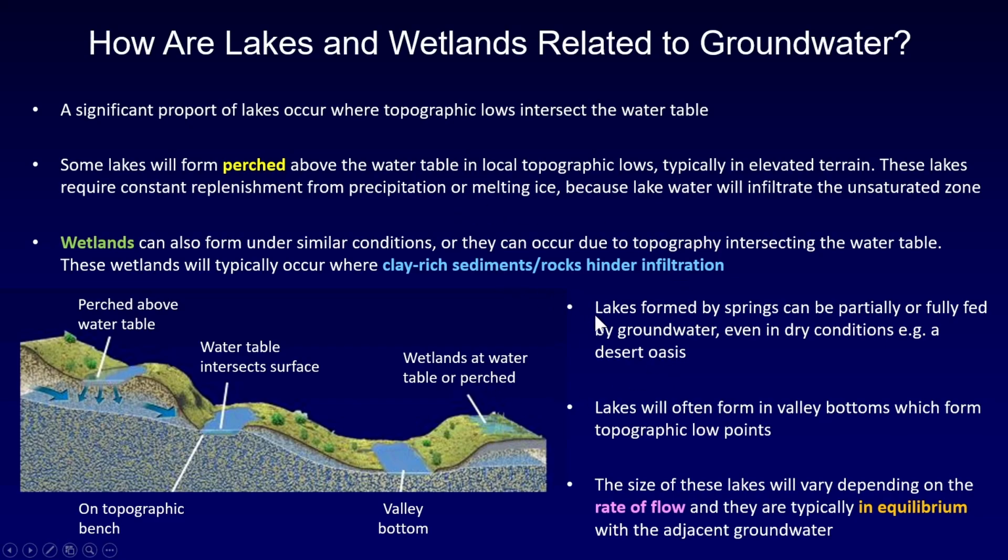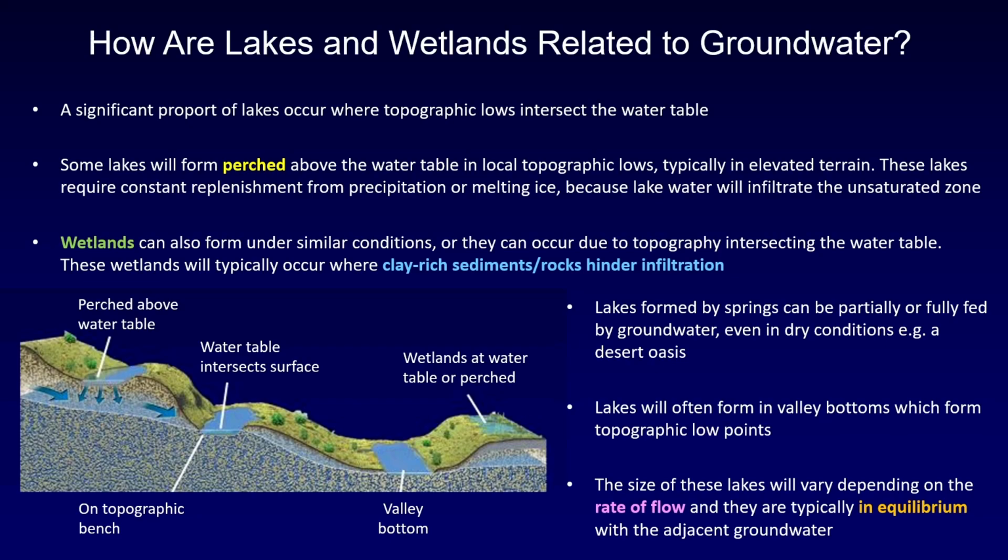So in terms of lakes, as previously mentioned, a lot of lakes will have some input from groundwater, and that's typically because lakes form in topographic lows, and so you are likely to have the water table intersecting the surface at those locations. Now, the nice thing about these lakes which are fed from groundwater flow is that they will persist even under dry conditions.